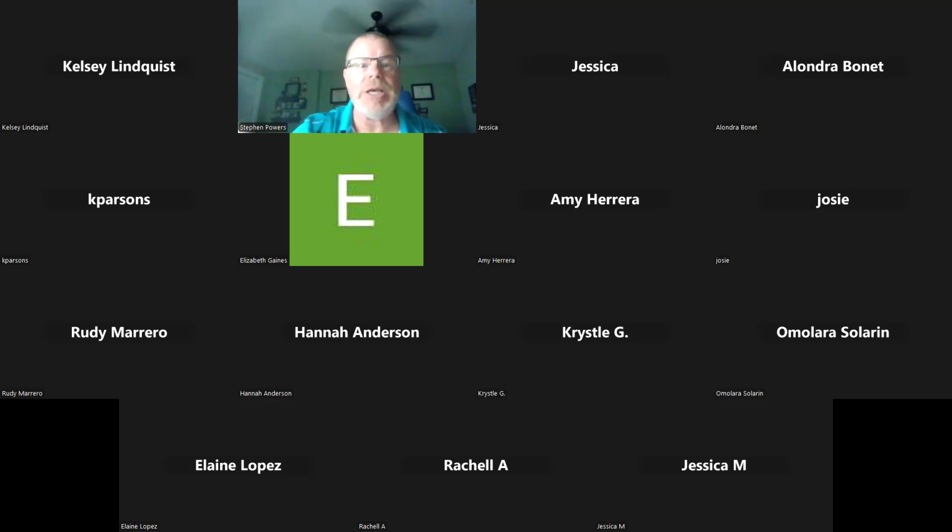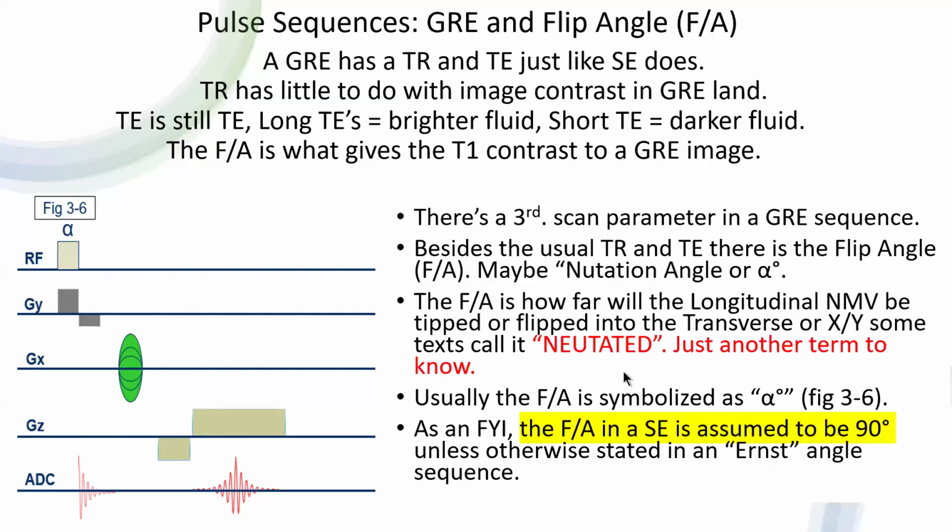So you're going to see worse susceptibility artifacts, worse artifact from local field inhomogeneities, and worse artifact because of the main magnetic field inhomogeneities. That's why it's said that gradient echoes are more susceptible to the big three.